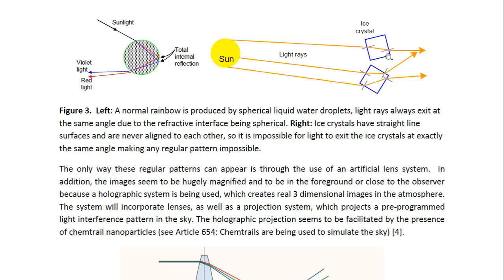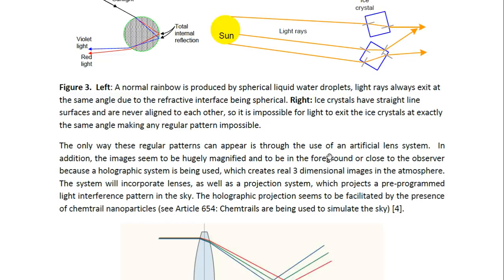But in the case of ice crystals, that is impossible because the ice crystals have straight line interfaces. And that means that the refraction is always different for each crystal. Plus, they are never aligned with each other. So the light exits at different angles. So you can never produce any regular pattern with light passing through ice crystals.